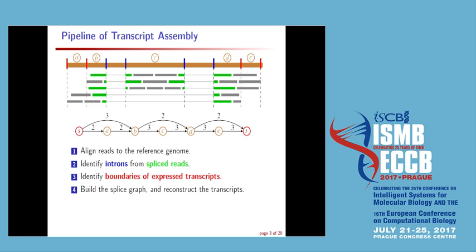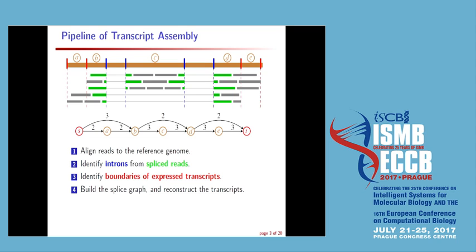In this graph, each vertex corresponds to a partial exon, and each edge corresponds to a junction. We also add an artificial source vertex, which connects to all the start boundaries, and an artificial sink vertex, and connect all the end boundaries to the sink vertex. We can then reconstruct the expressed transcripts from this splice graph.